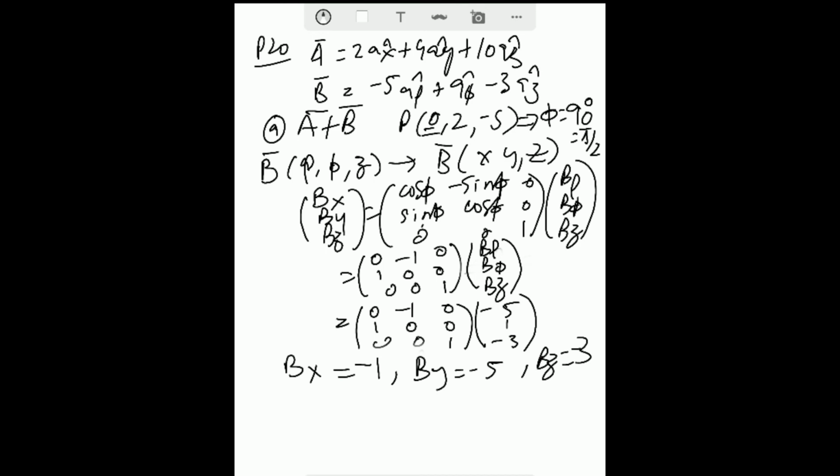So once I got this vector Bx, By and Bz, I can just calculate the sum.